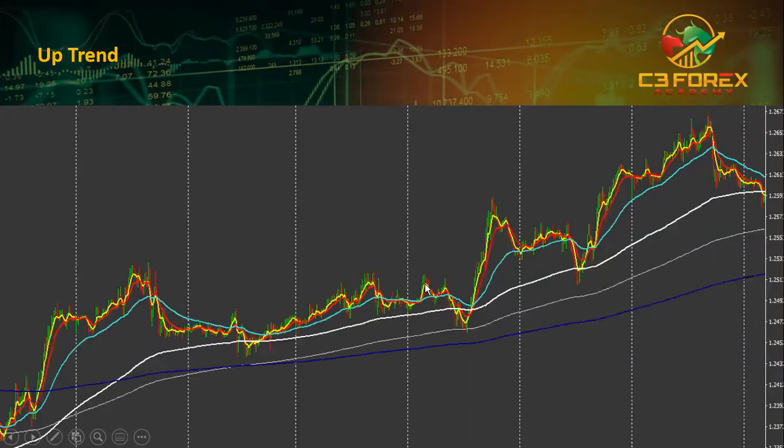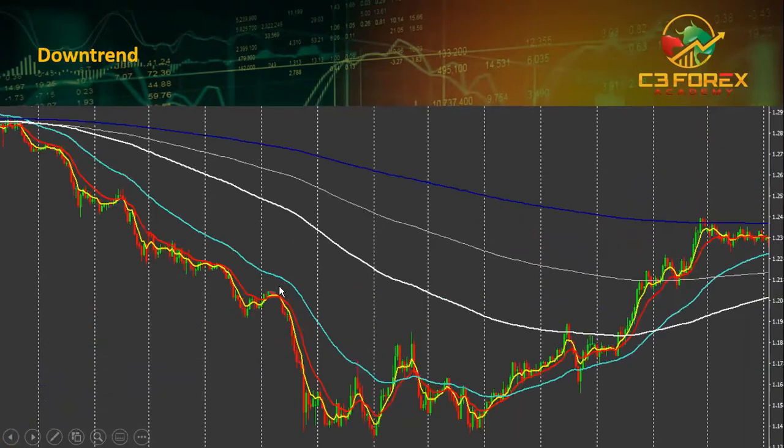The 5 is the mustard, the red is the 13 EMA, 50 is the water, 200 is the mayo, the 800 is the blueberry. All right, this line right here, I added just for preference. It's a 400 EMA, and I made the line light gray and thinner than the rest of the lines. All right, so the EMAs are sitting below price, and price is going up. We're in an uptrend.